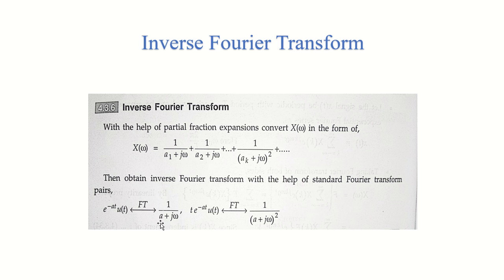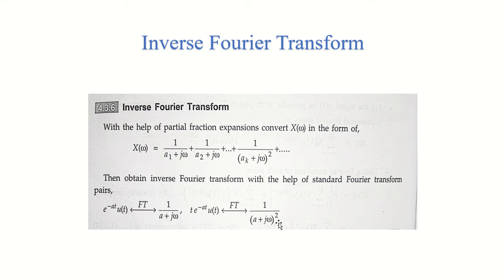So this is the pair, this one and this one, because what is the Fourier transform of t e^{-at} u(t)? These two terms are equal; the only thing added here is t, and because of t we get a square in the denominator of the Fourier transform. That is the difference, and these are the pairs from which we can determine the inverse Fourier transform of many signals.